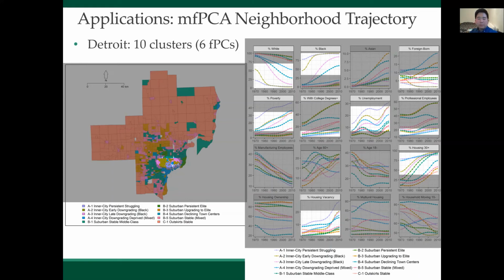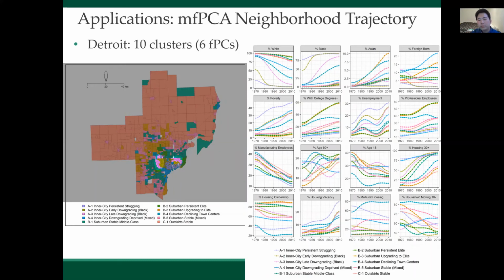In 1970, the proportions of Black and white population were almost equal, but in 1980, the Black population became the major racial group. A notable change is that the old housing rate increased from 50% to nearly 100%. That shows a very serious deprivation in these neighborhoods.